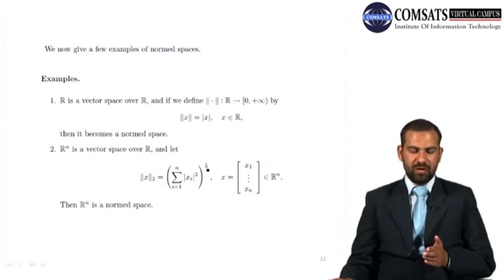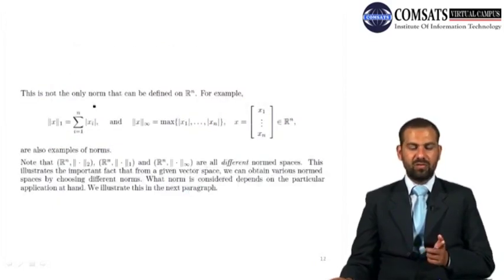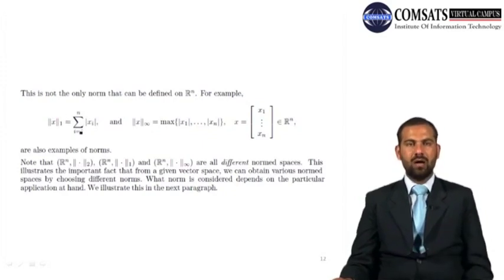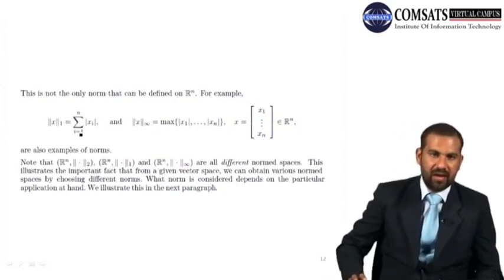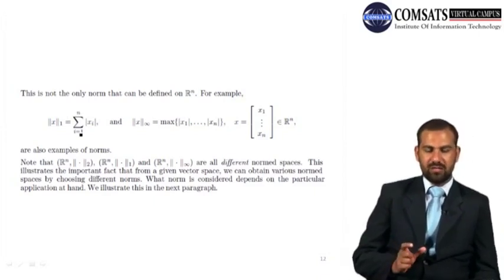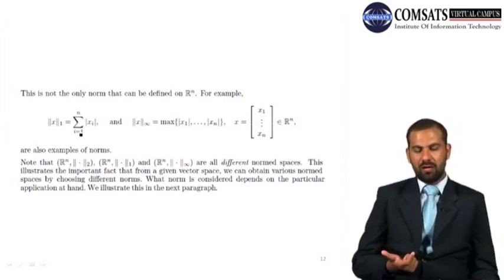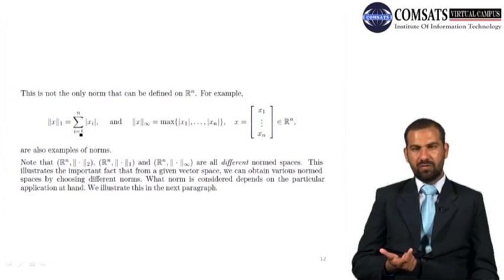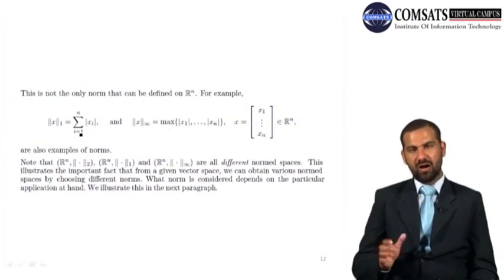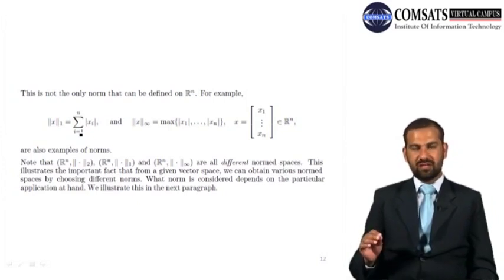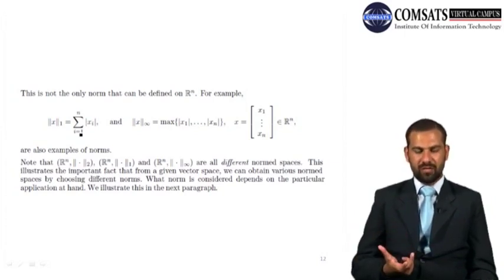Here if you take just p equal to 1, in that case it is equal to the summation from i equal to 1 to n of the mod of xi. So the sum of all positive values of that vector, all these components, whenever you add them, is the norm 1.